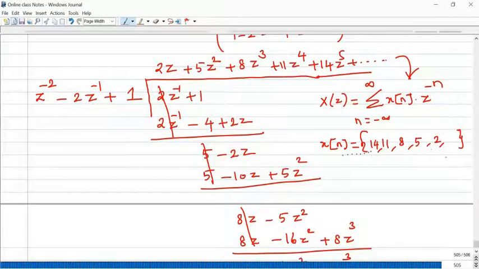Anyway, we should indicate the 0 position. Just add a 0 and indicate the arrow mark, so that this is x of minus 1 and so on. Okay. This is a non-causal signal, right? Non-causal signal.